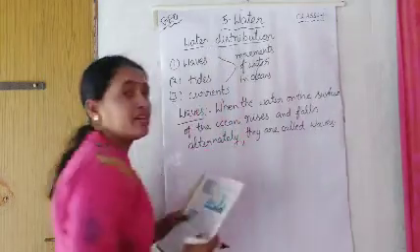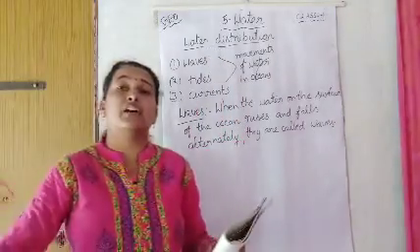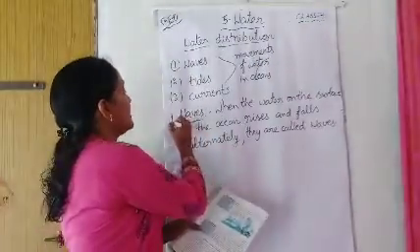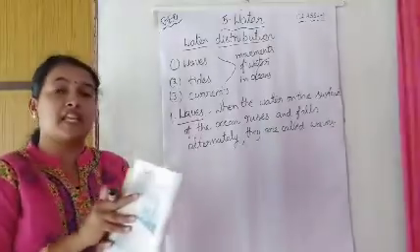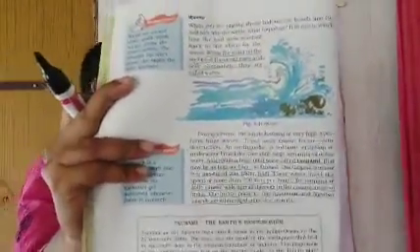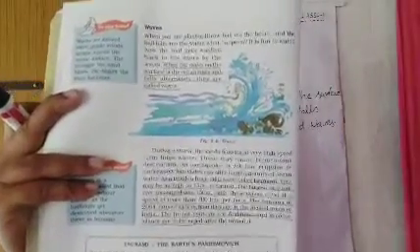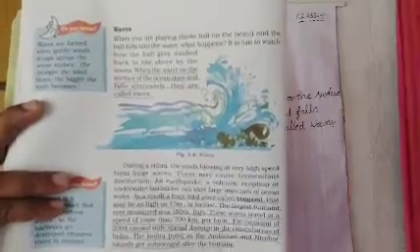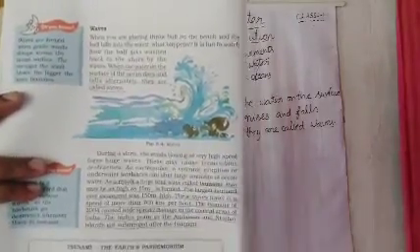You know, every day there will be movements in water. The ocean water will rise and fall. Those movements are called waves. See, they have given a picture also. When the water on the surface of the oceans alternately rises and falls, then they are called waves.